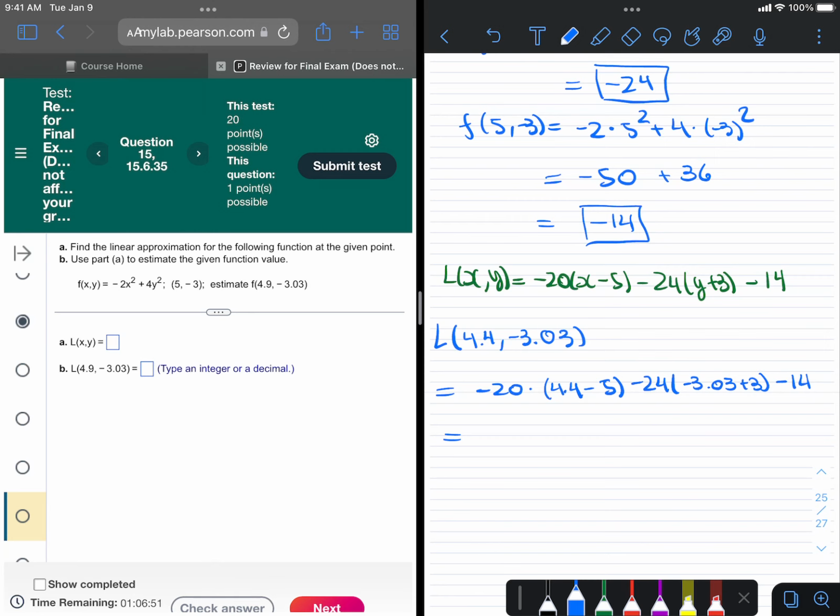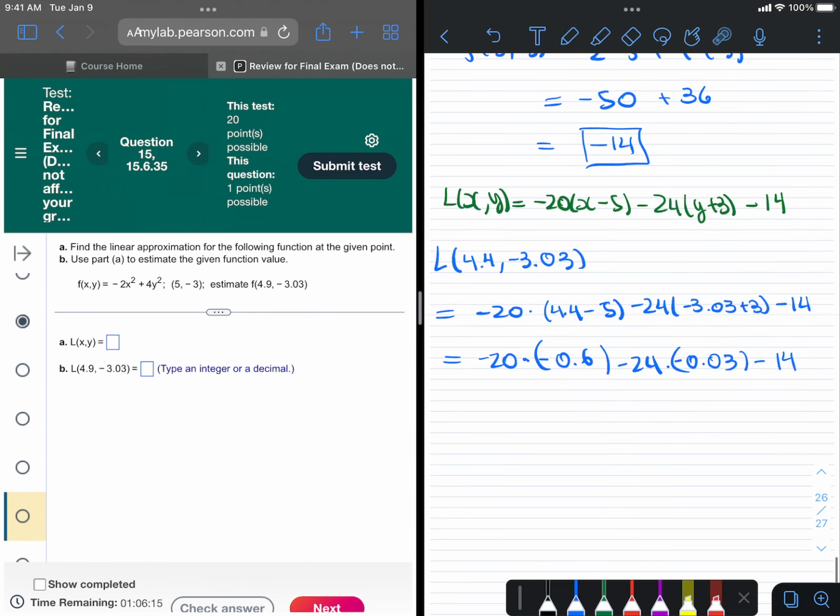We're supposed to use either an integer or a decimal, so a calculator is fine at this point. But I will not use one just to illustrate how this is better. So minus 20 times a negative 0.06, minus 24 times a negative 0.03, minus 14.